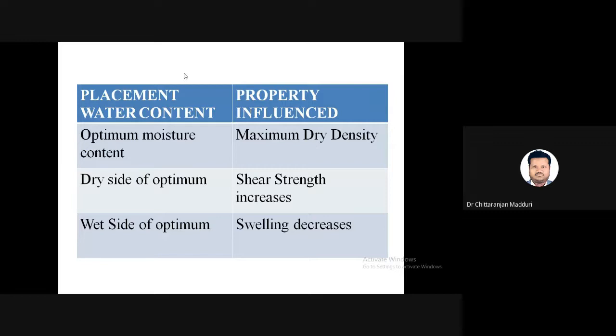On the wet side of optimum, the field moisture content is more, hence swelling decreases. On the wet side of optimum, swelling has already taken place because of the presence of more moisture content. That's why swelling decreases.